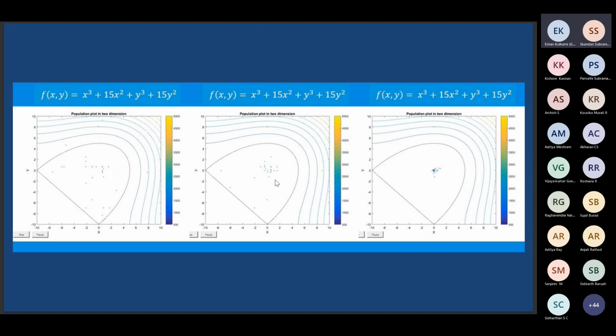Later on, as they reproduce, these points start gathering towards the minima. Here, as you can see, it is very evident that the minima is 0, comma 0. These points start coming closer and closer towards the minima with every generation, and eventually they become a point. This is how we determine the minima in these methods.